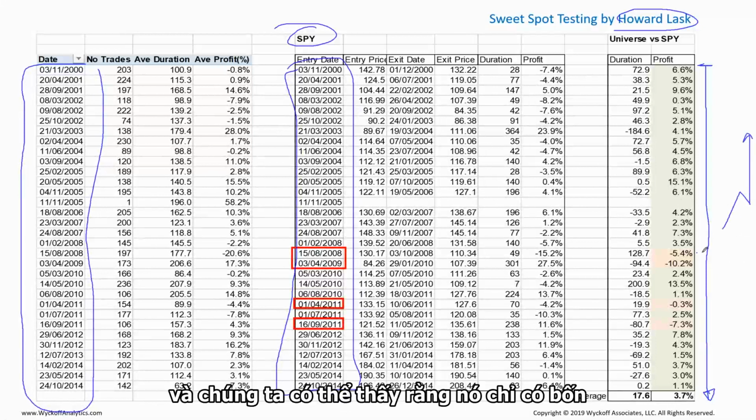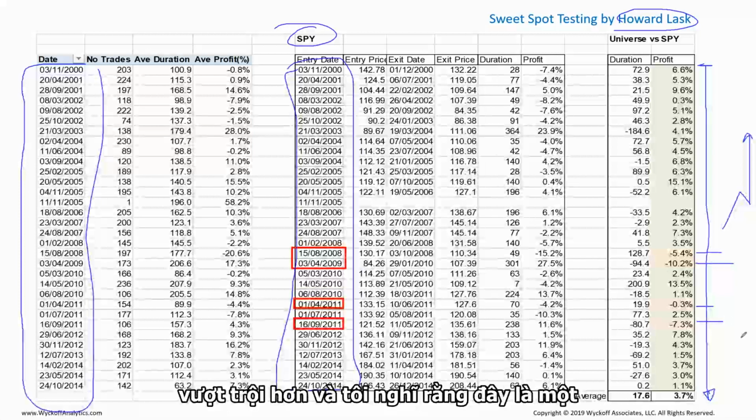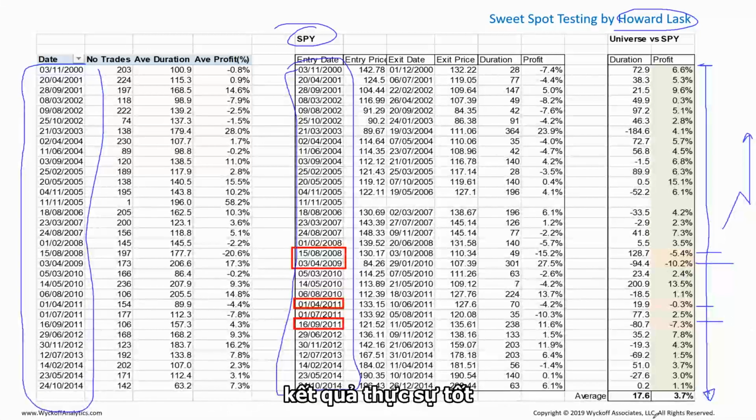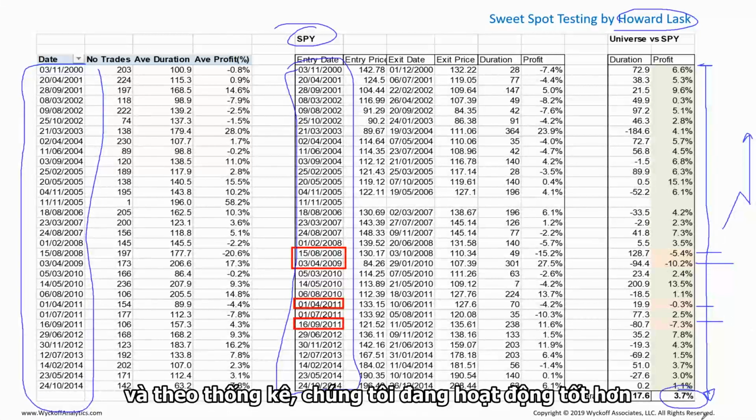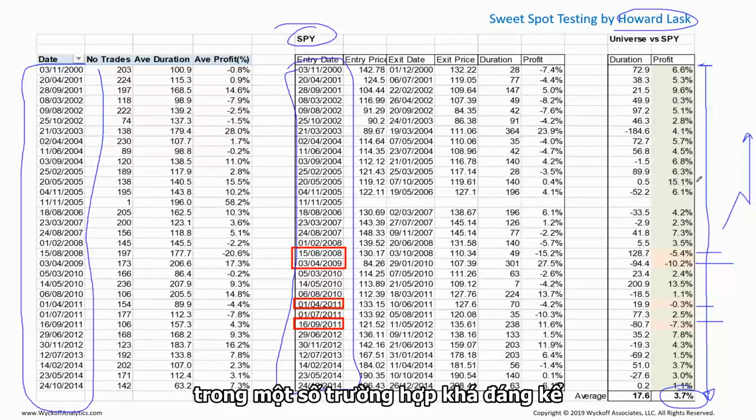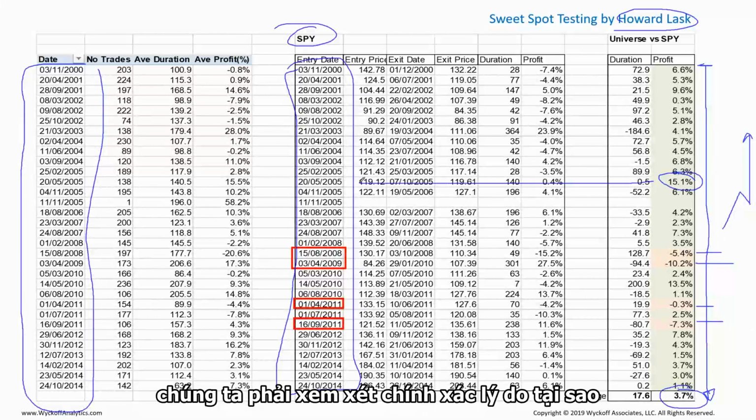And we could see that it's only in 4 cases that the sweet spot has not outperformed. And I think this is a really good result. And statistically, we are outperforming in some cases quite significantly. We have to look at exactly why, what was in there, and so on and so forth.